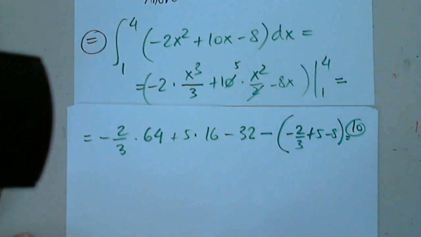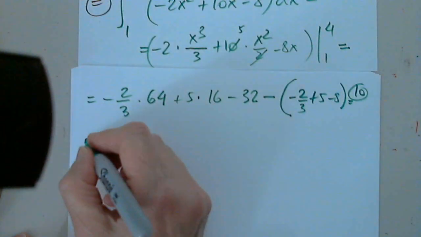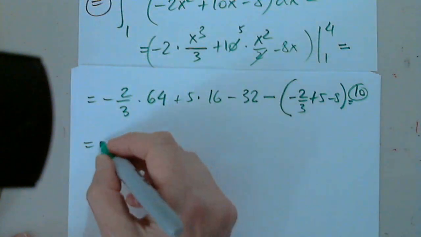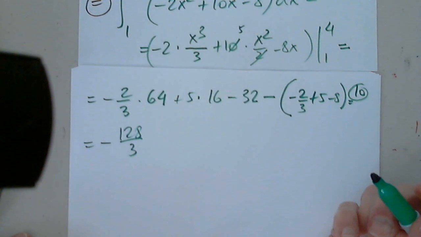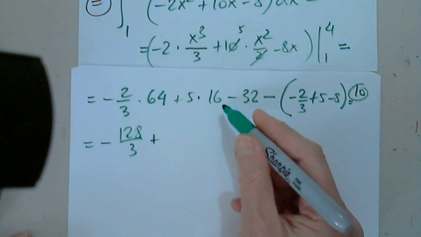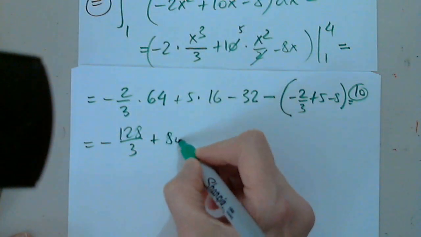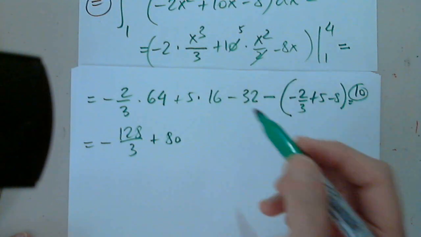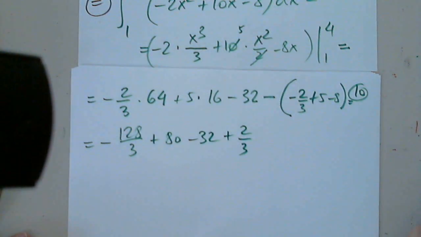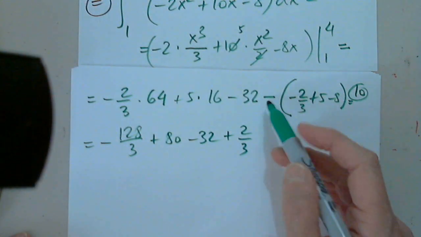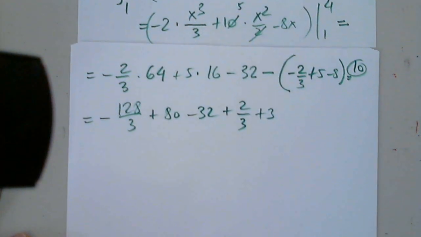It was easy because I had to put in 1. Okay, so this is negative 128 over 3. Minus 32 plus 2/3, and this is minus 3, but it's positive 3.